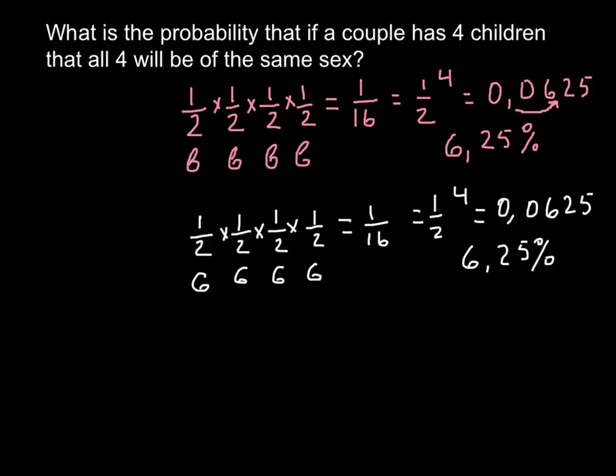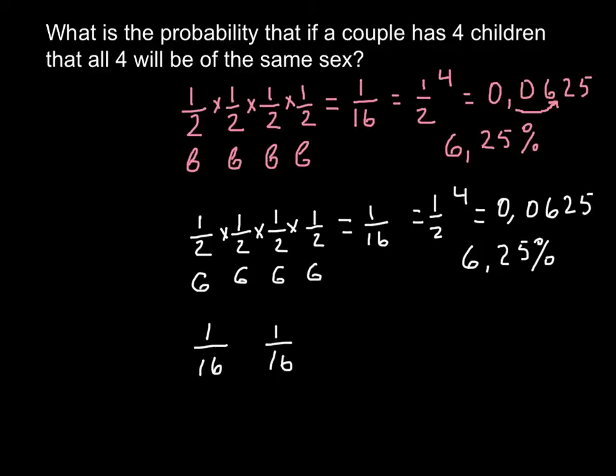It's more visual. So now we are almost done, but we have to use our second rule, the rule of addition. This rule gives us the probability of the first event, all 4 boys, to be 1/16, and the probability of all 4 children being girls, also 1/16.